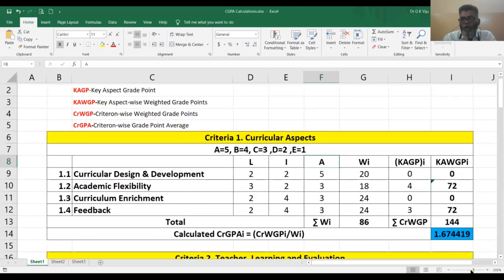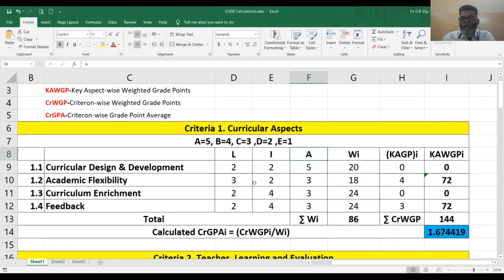Can you see Excel now? Not yet. Loading. Excel is not showing. It's showing right now. It is clear now. The Excel file is clear. Yes.